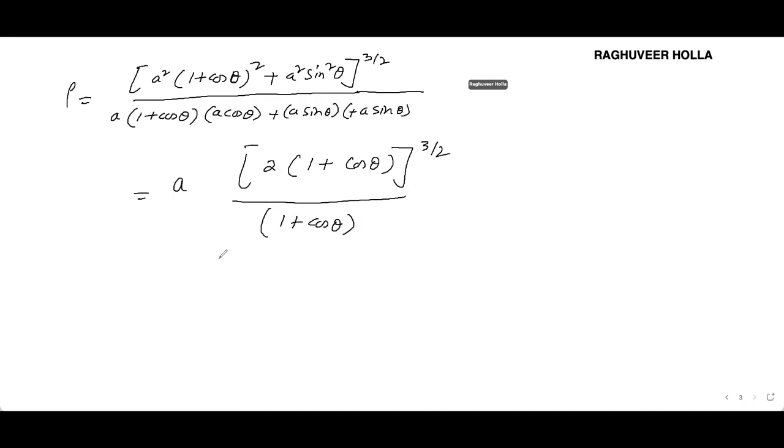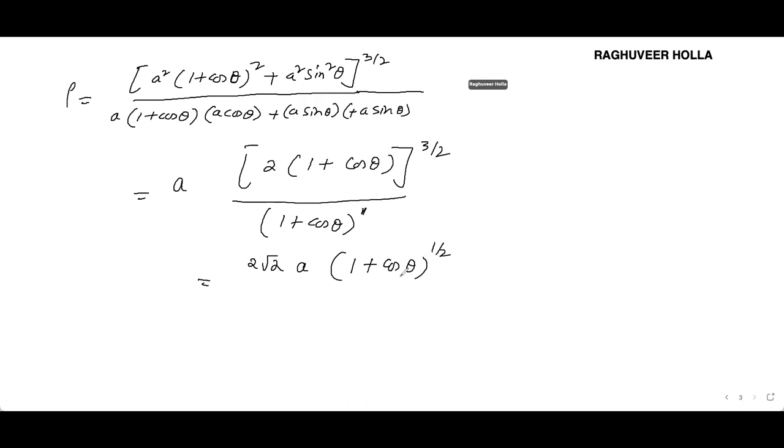Since we can simplify this, it is 3 by 2 minus 1, so this will be 2 root 2 into a times 1 plus cos theta to the power 1 by 2.